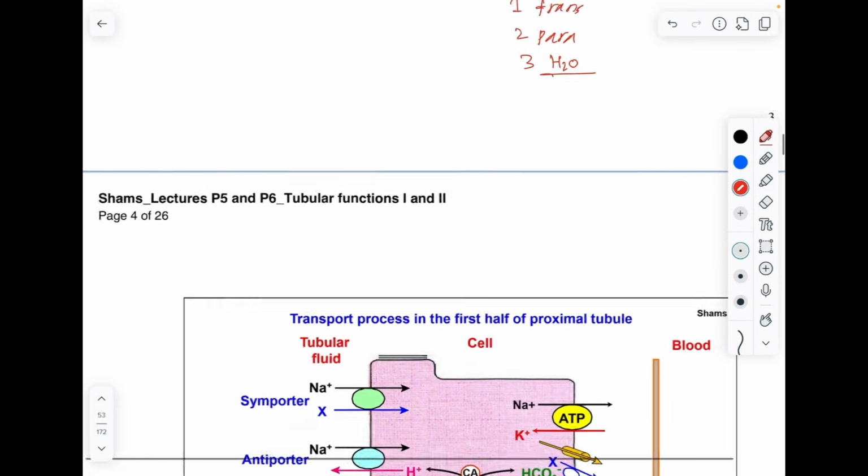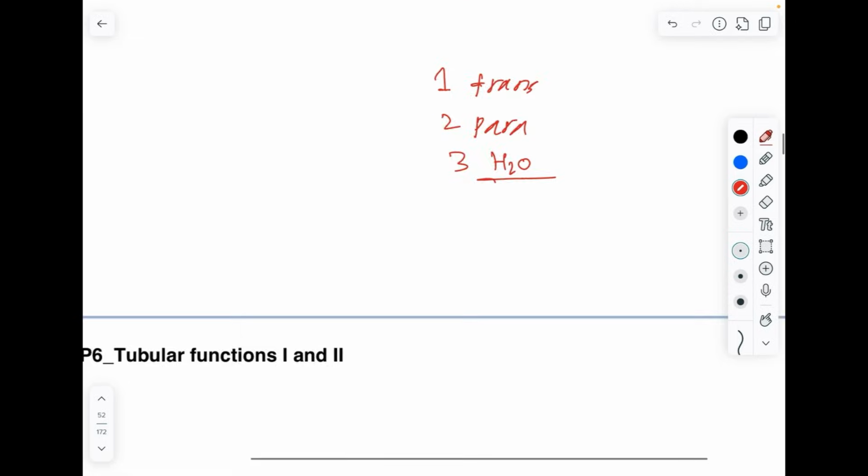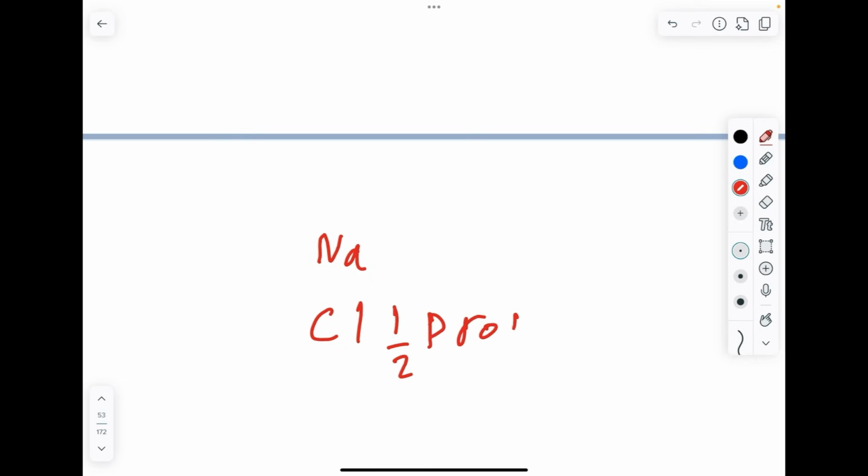Now, let's start with the first half of proximal tubule. Now, some notes to know before we start, okay? Sodium is always reabsorbed throughout the whole nephron, okay? Chloride, it's easy to remember because sodium and chloride are salt, basically, so you are saying salt. Chloride is also the same, except first half of proximal tubule, okay?